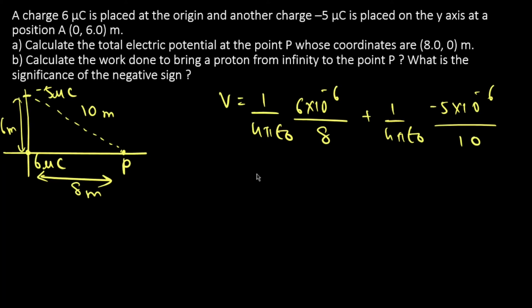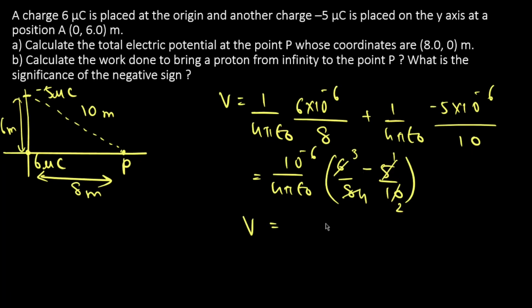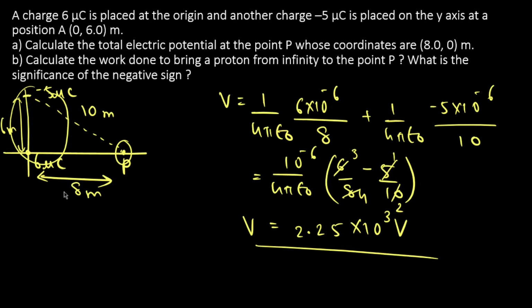Solving this, taking 1 upon 4 pi epsilon naught and 10 raised to minus 6 outside, we get 6 by 8 minus 5 by 10. So solving this, we get the potential to be 2.25 into 10 raised to 3 volts. So this is the potential at point P due to these two charges.